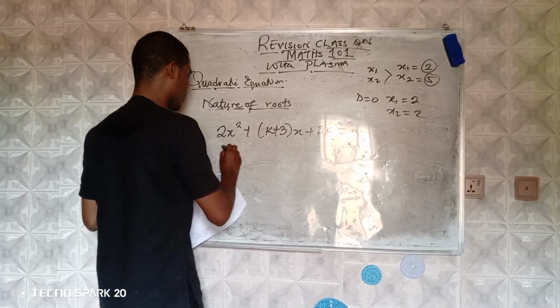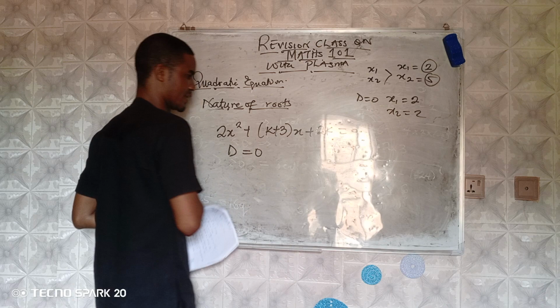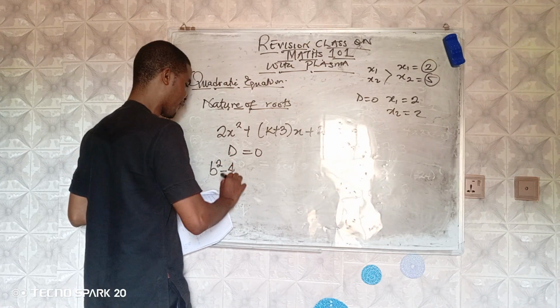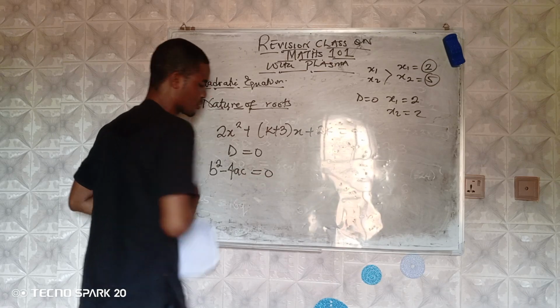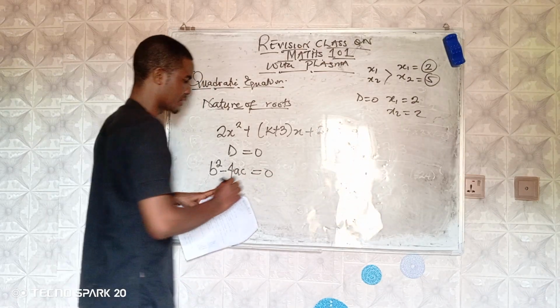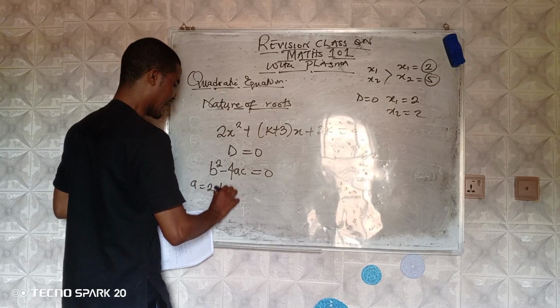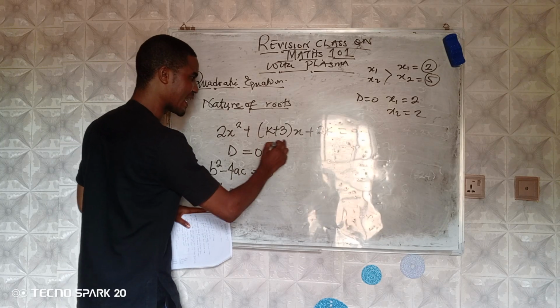D is B squared minus 4AC, and that must equal 0.